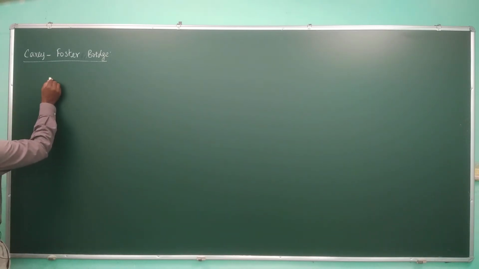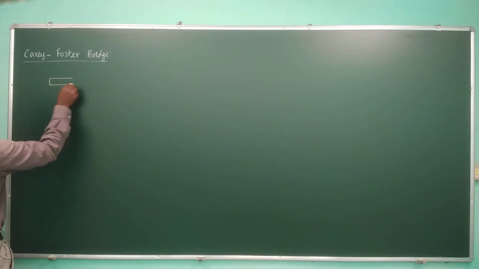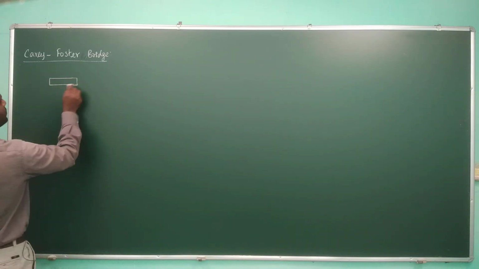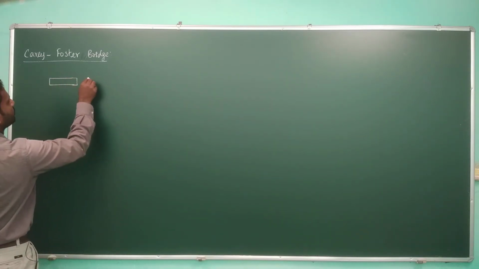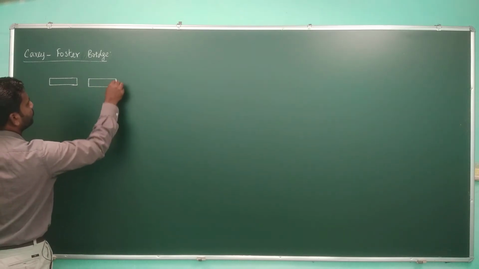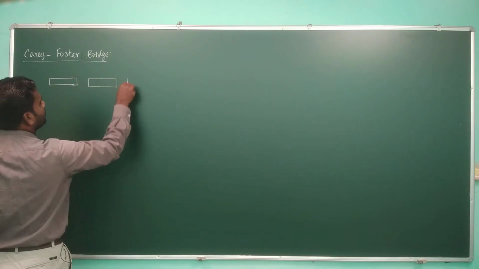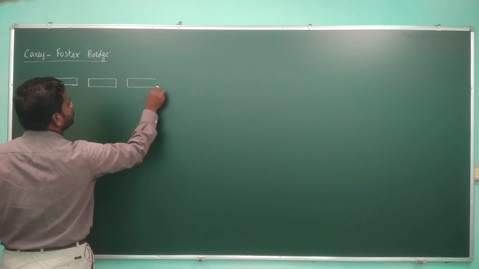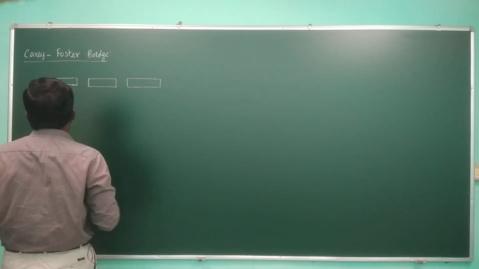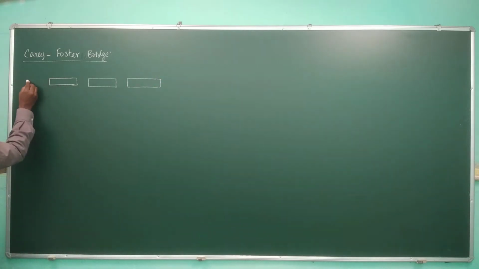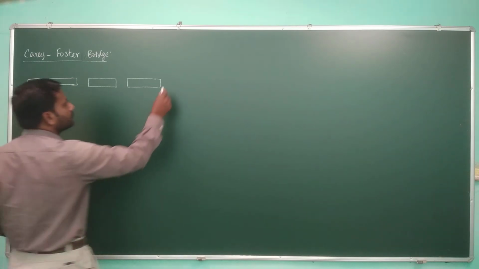For this purpose, how to draw this figure? First, let's draw three strips with a sufficient gap. Then let's draw an L-shaped strip whose face is facing these strips that we have drawn.